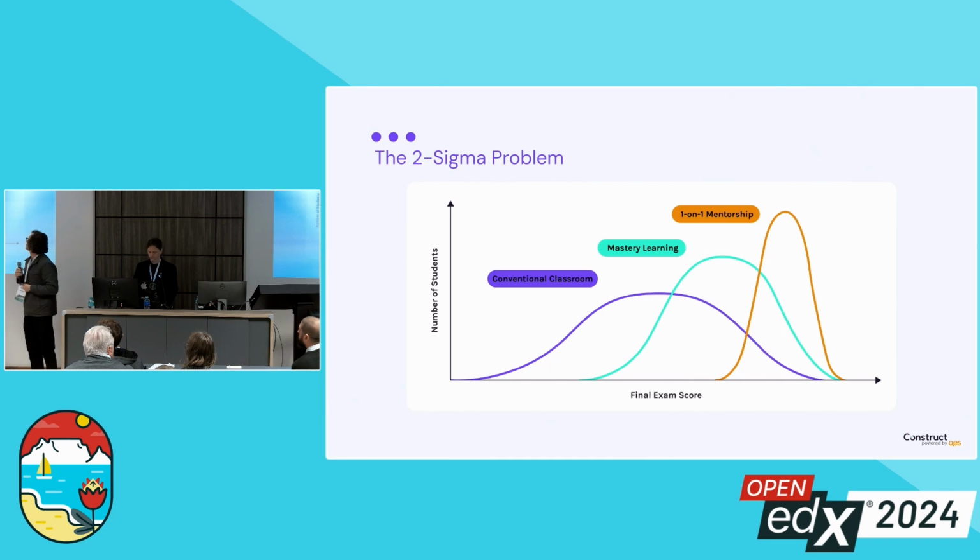Benjamin Bloom has proven that there's a 1 sigma variation associated with mastery learning and a 2 sigma variation associated with Socratic tutoring techniques, one-on-one tutoring. And both of these instructional methodologies can be facilitated through AI-powered education technology.